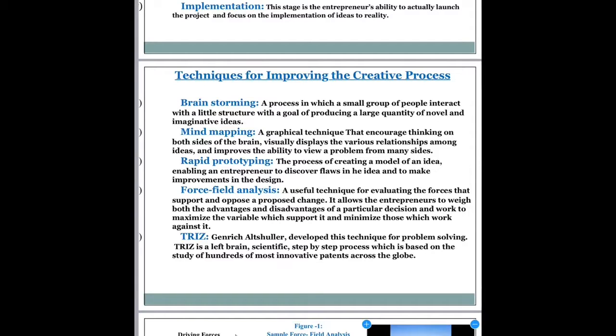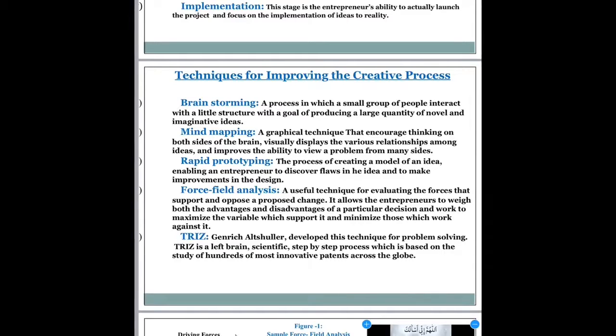So before we start a business, it is good for an entrepreneur to weigh both the advantages and the disadvantages. And this whole process of evaluating the forces that support or go against the proposed change is called force field analysis.